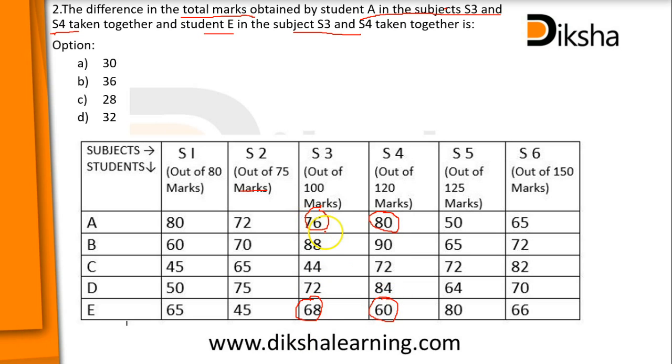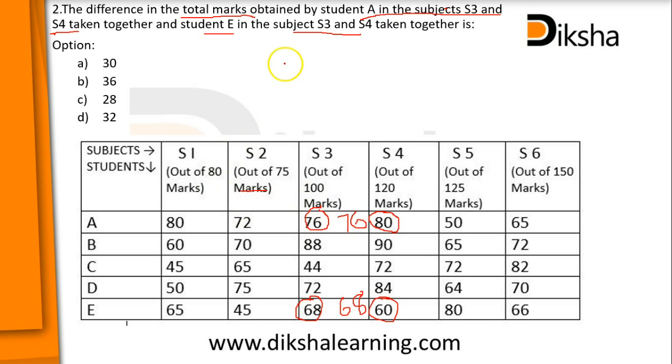In both cases, they have given the percentage, and we want to change it into marks. In S3 there is no need for specific changing because it's out of 100, so percentage and mark will be the same. So this will be 76 and this will be 68.